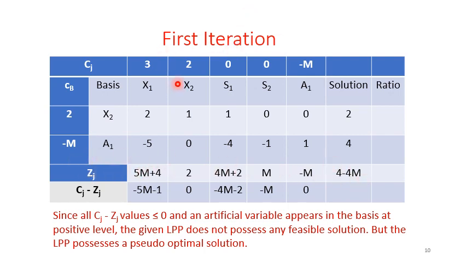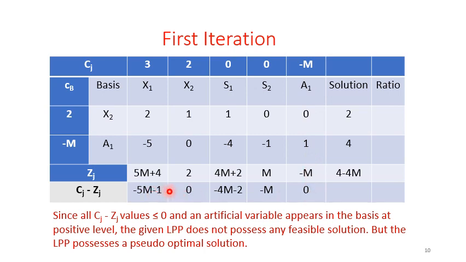Find out the Cj minus Zj values. These are the Cj values. 3 minus 5M plus 4, so that will be minus 5M minus 1. Similarly here 2 minus 2 is 0. 0 minus 4M plus 2 is minus 4M minus 2. 0 minus M is minus M, minus M minus minus M is 0.